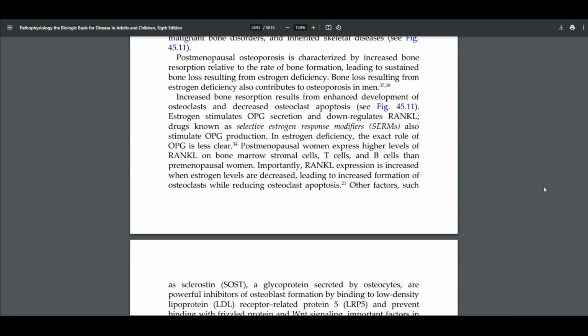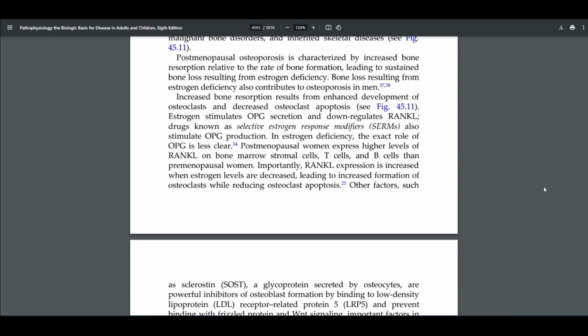Increased bone resorption results from enhanced development of osteoclasts and decreased osteoclast apoptosis. Estrogen stimulates OPG secretion and downregulates RANKL. Drugs known as selective estrogen receptor modulators, or SERMs, also stimulate OPG production.